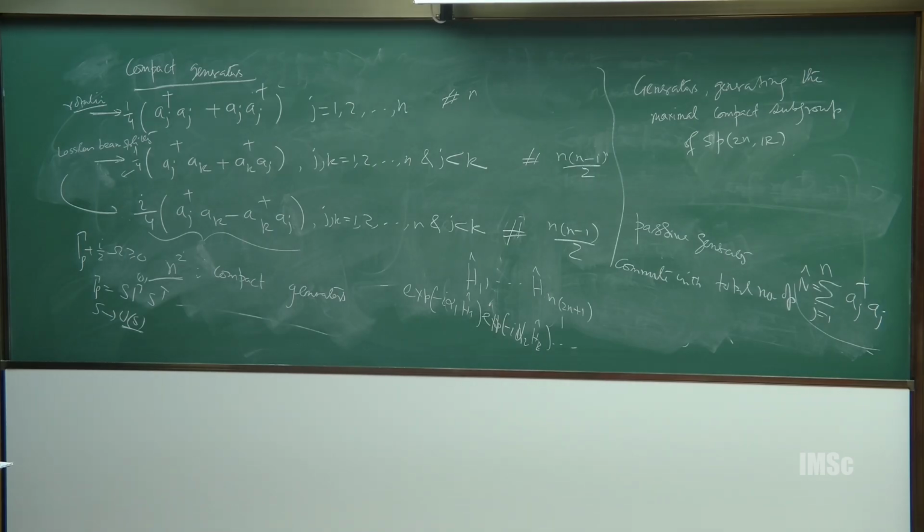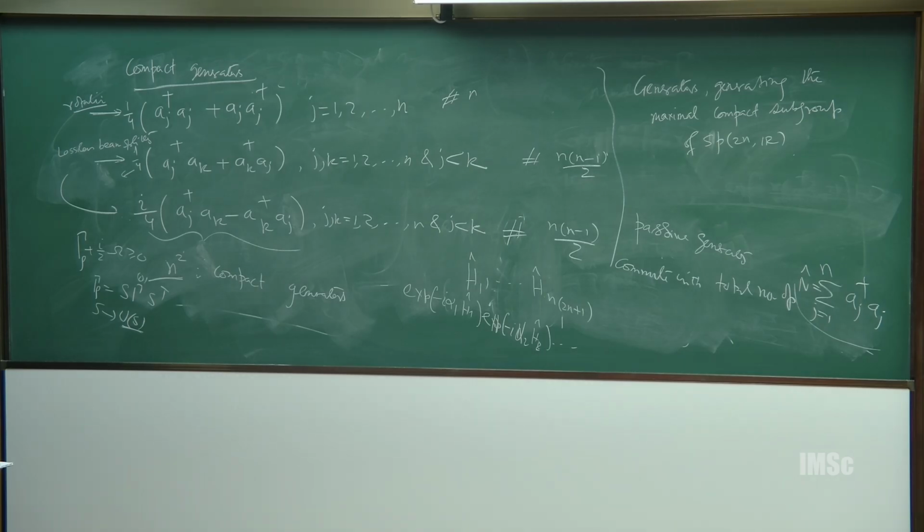Now, for the n mode case, this is a compact subgroup of this sp2r. Do you agree with me? This is a group and this is a compact subgroup of this, because all these elements are elements of this.